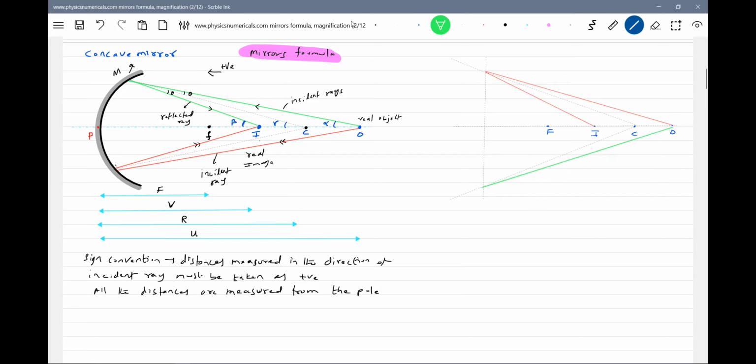This is the incident ray. After reflection, it will meet at this point. Where is the mirror? This is purely for mathematical convenience. This will be beta, this will be gamma, this will be alpha. For a real object, a real image will be formed.